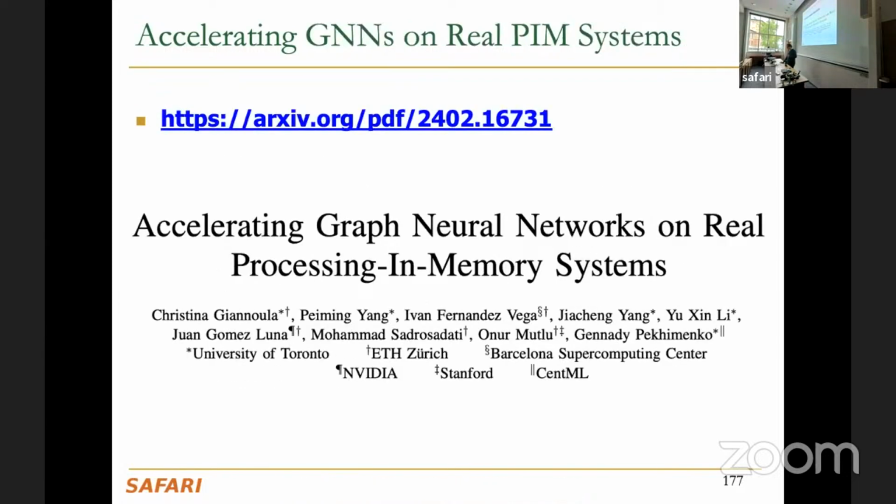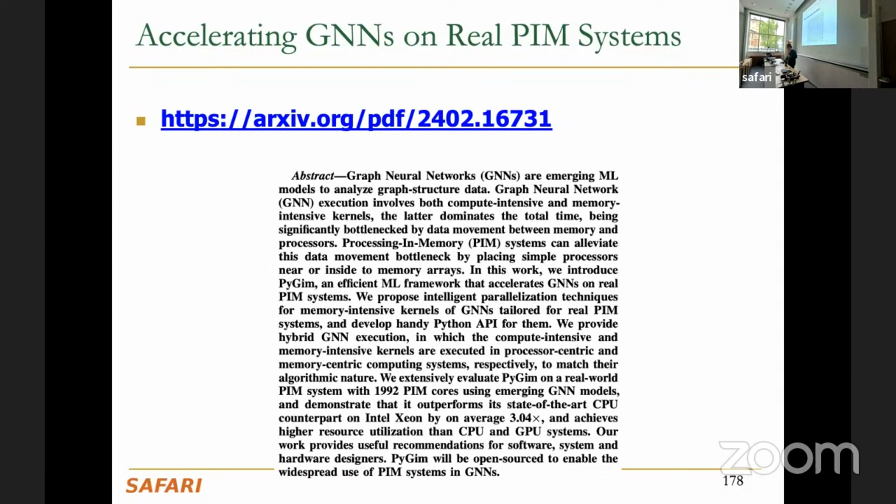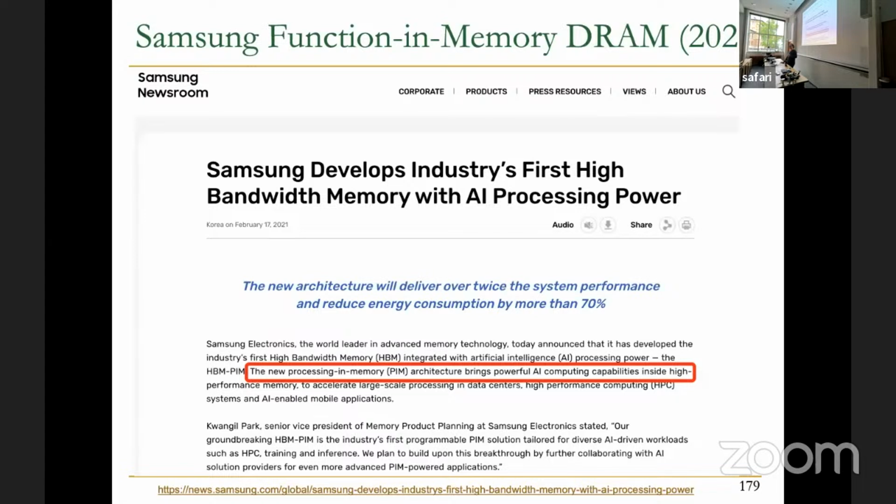Okay, there are some conclusions. And then we have another work coming up soon on accelerating graph neural networks. This is again Christina's work, as you can see. Okay, I'm going to skip these because you can talk more about this. And then there are other works in this area. There was one work from SNU in Korea that looks at benchmarking and understanding the UpMem system, and it won the best paper award at HPCA this year.